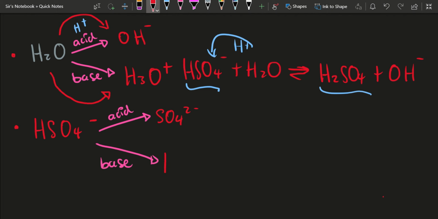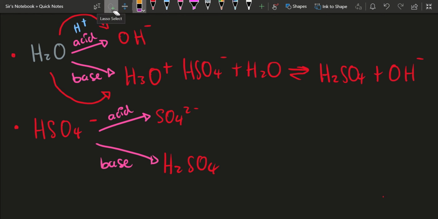When it acts as a base, it gives you H2SO4, right? And another thing, just something out of this lesson, a very fun fact. Usually, when you get to grade 12 and you're dealing with acids and bases, we say that something is a base if it produces OH minus ions, right?